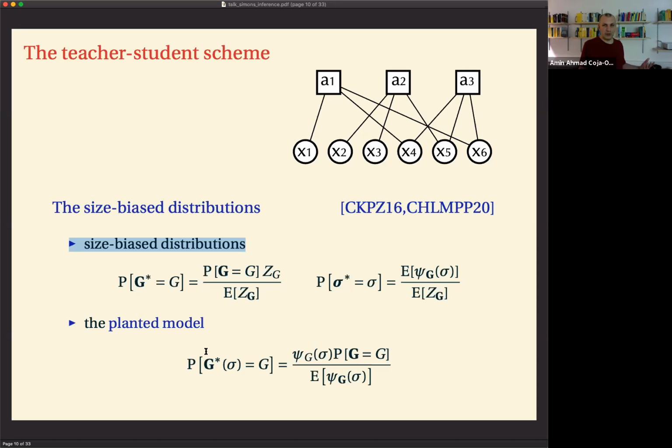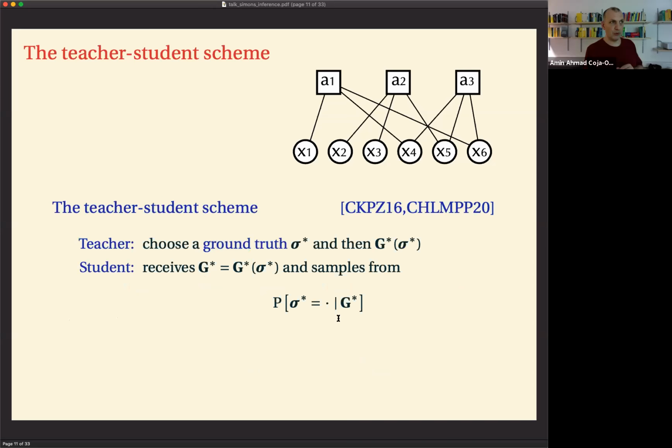We can also put these two ideas together and define the planted model for a specific configuration by saying that we draw a graph with a probability proportional to the weight of that particular configuration. Okay, so this way we already defined a planted model, and we have these two size biased distributions.